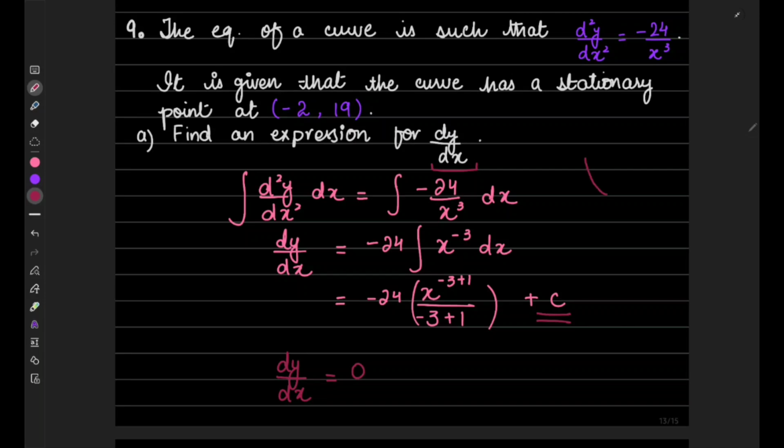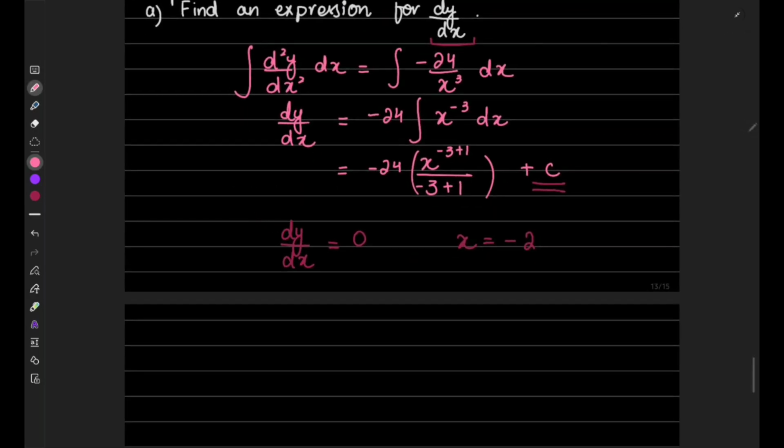For example, you have a curve, either a quadratic curve or a cubic curve, at your stationary point your dy by dx is equal to 0. So what is that stationary point? The x coordinate of the stationary point is given to be x equals minus 2. So we'll be using this information to get the value of c. So let's find it out.